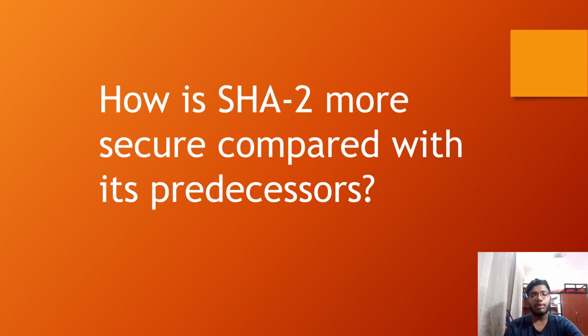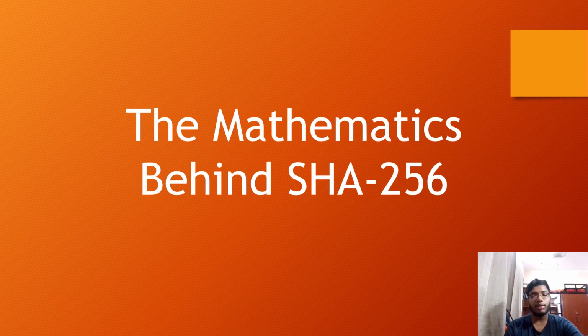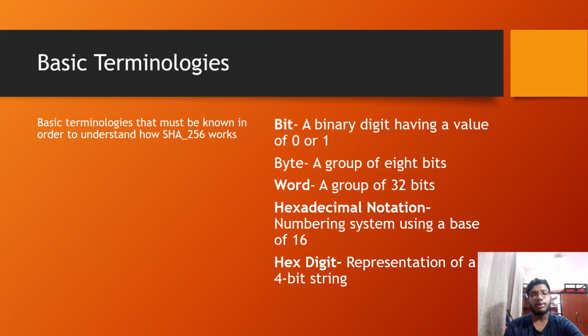So now we dive into the mathematics behind the hashing algorithm of SHA-256. This has been divided into 6 parts in the presentation. For the first part, let's discuss some of the terminologies that we will encounter. Number 1, bit. A bit is a binary digit having a value of either 0 or 1. Number 2, byte. A byte is a group of 8 bits.